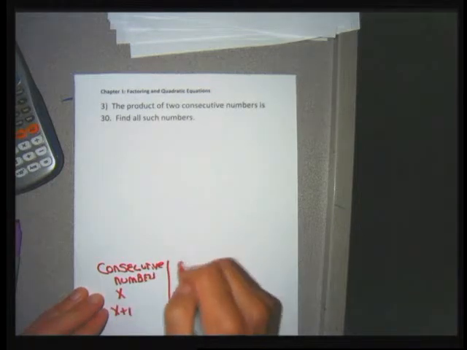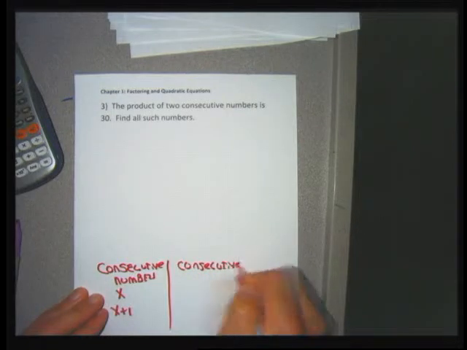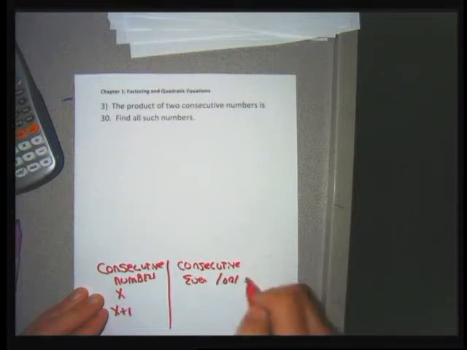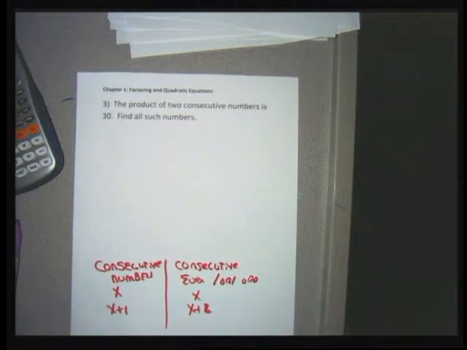But if it says either consecutive even or consecutive odd, they're both the same, I'd have an x and an x plus 2. In this case, we're just consecutive numbers.